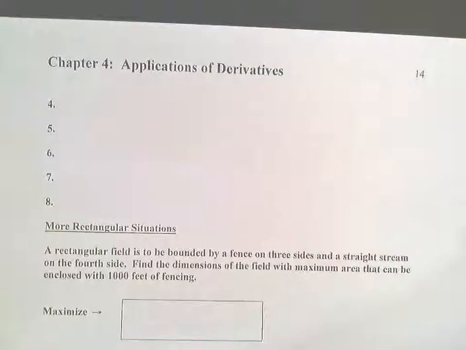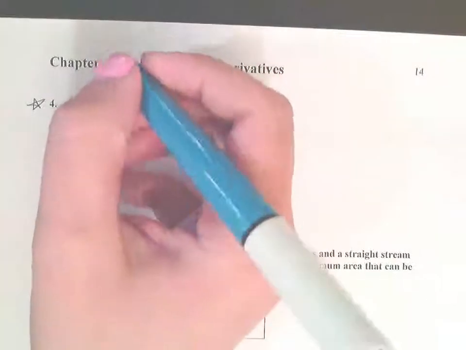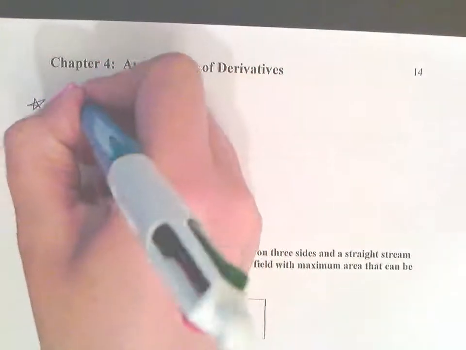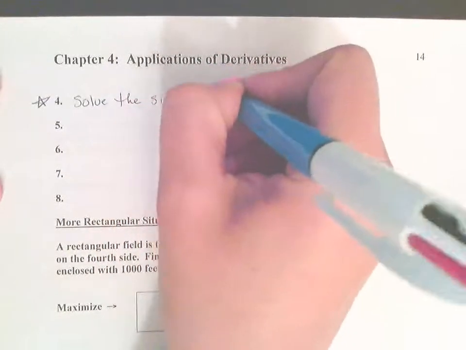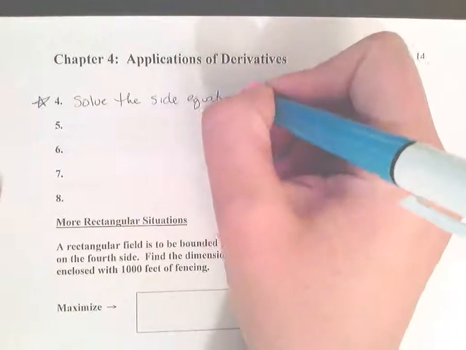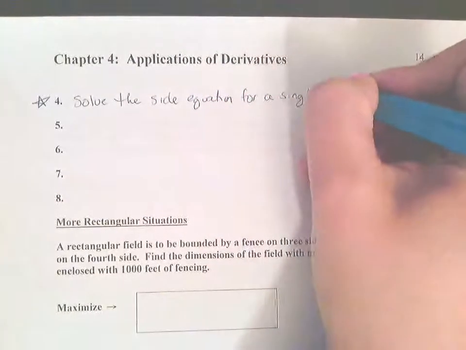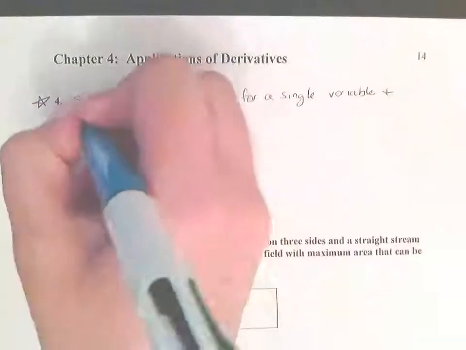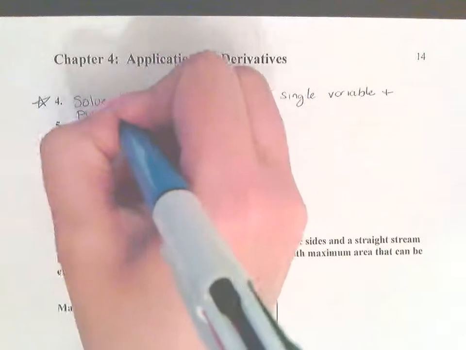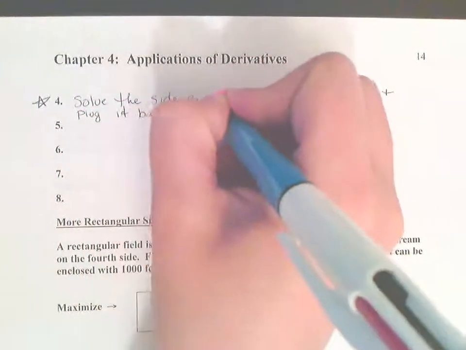Then step number 4, I'm going to put another star. Step number 4, you're going to solve that secondary or the side equation for a single variable and plug it back into the primary.